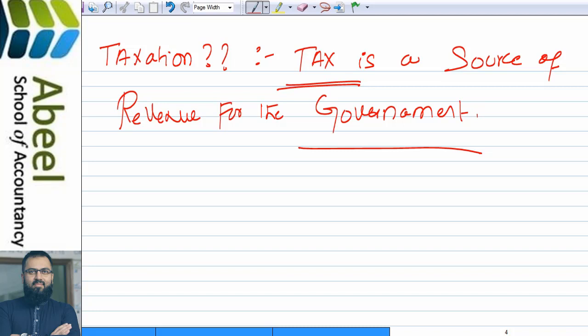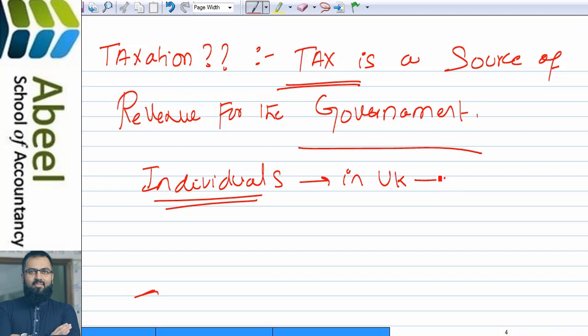Now let's start P6 with individuals. When it comes to individuals, you need to remember one thing. Individuals in the UK pay tax according to the tax year. Repeat. Individuals in the UK pay tax according to the tax year.